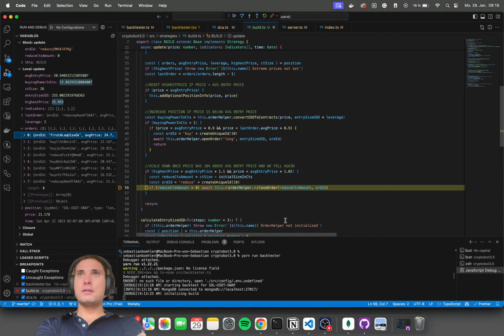Okay, everything works now as expected. But I guess I want some buying logic if we are above the average entry price, but just fell more than 20 or 30%. That's when I want to enter as well.